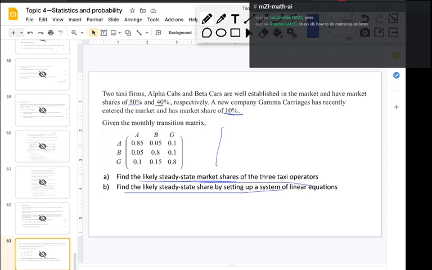The easy way to do this is to take the transition matrix T to the power of 50 times the market share in order of ABG, so that would be 50, 40, and 10. And then you use your calculator to look for it.